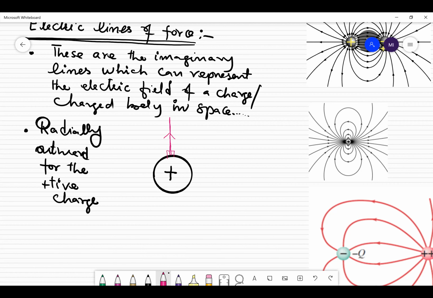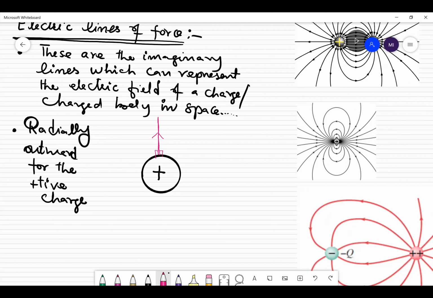And just remember, you have to put the arrow in the middle somewhere, not at the end, because then it would become a physical quantity like force. To differentiate the electric field lines from any physical quantity, we put the arrow in the middle.